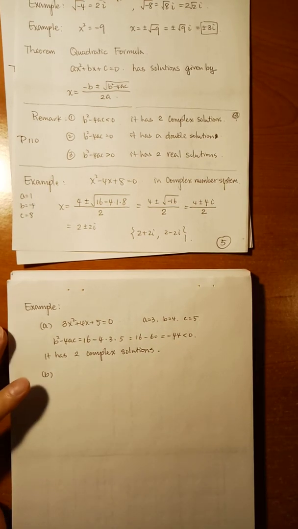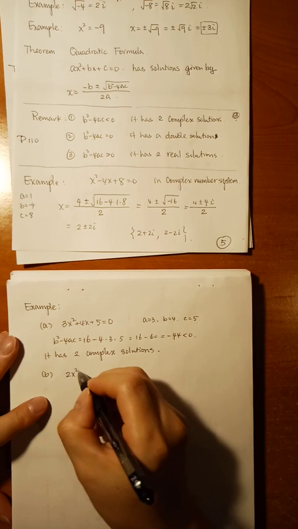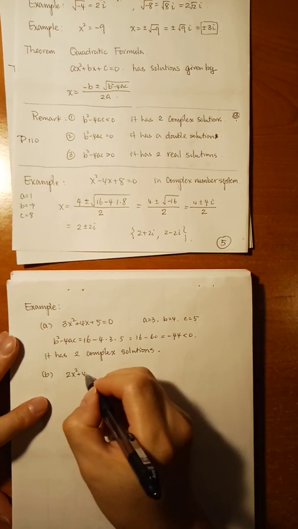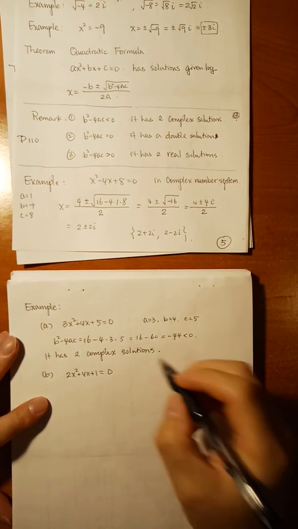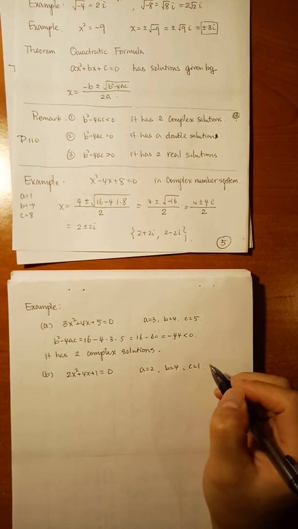Part B, second example: if we have 2x squared plus 4x plus 1 equal to 0, then a is 2, b is 4, and c is 1.